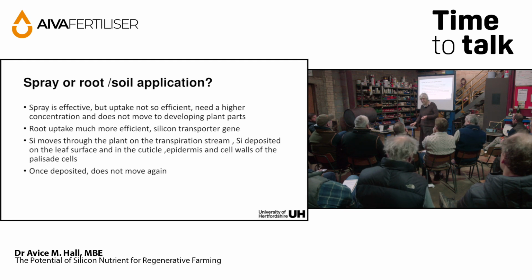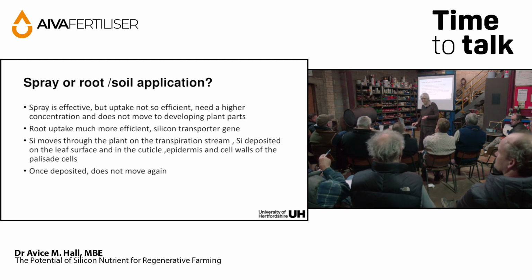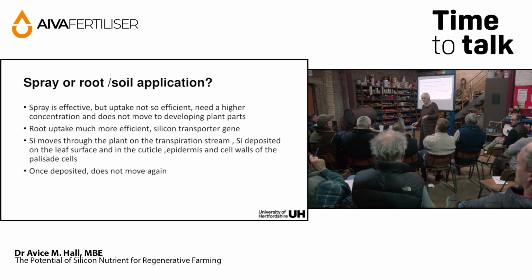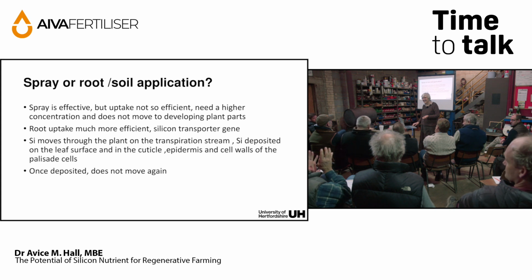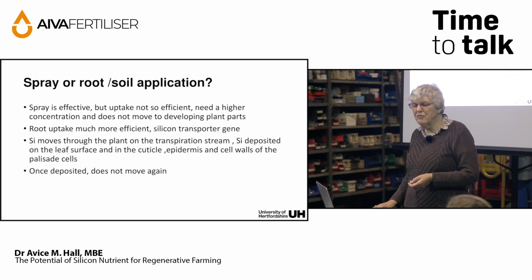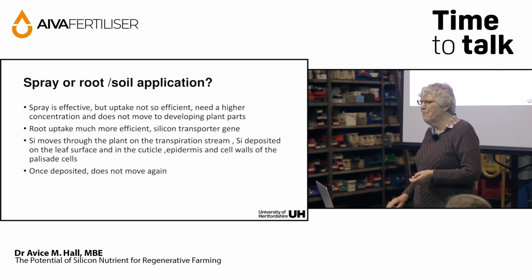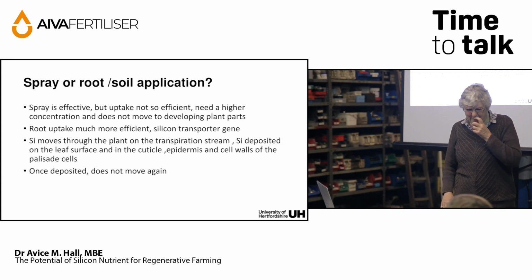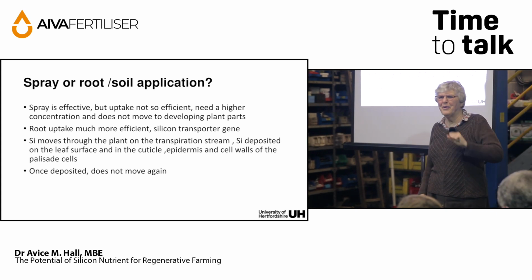If it's immobile once it's deposited, in other words, you need to apply, as the plant is growing, you should be applying it to inoculate, if you like, the new growth. Is that right? Yes, you would. I suppose this is a bit like a flu jab.